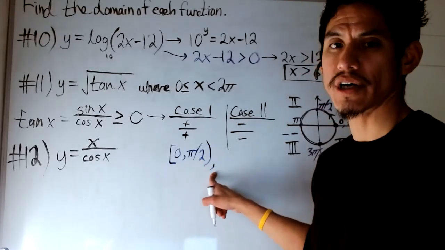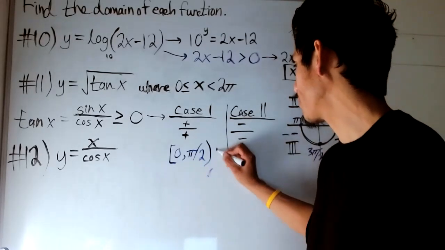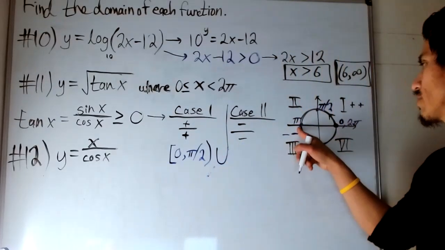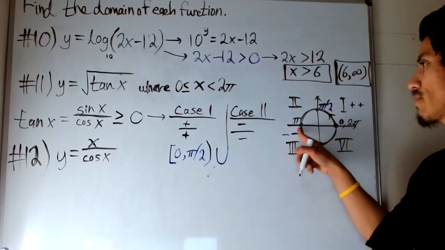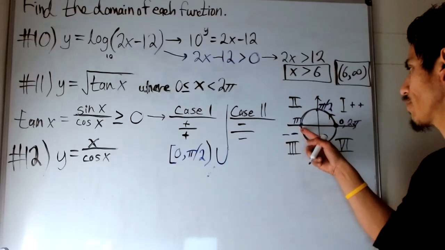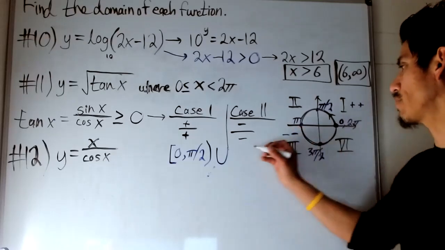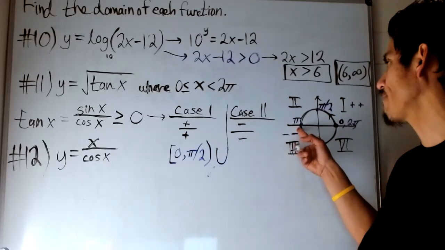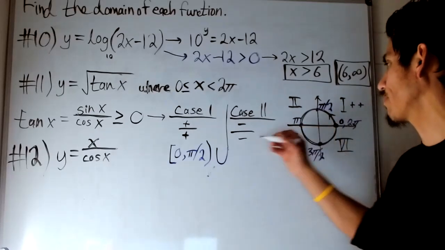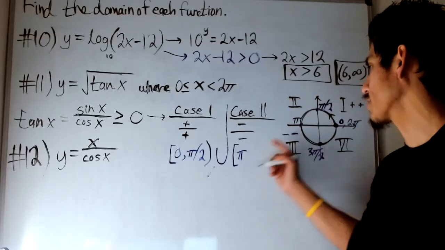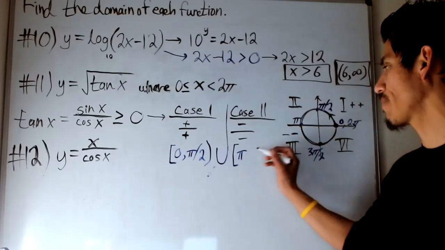You can usually write a comma. I like to use a union. And we start up again back over here in quadrant 3. In quadrant 3, the cosine and sine are both negative. So this is at angle pi. What would make sense is that you can include pi in this case because the cosine is -1 and that's fine.